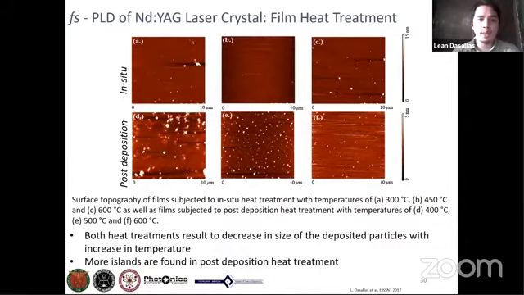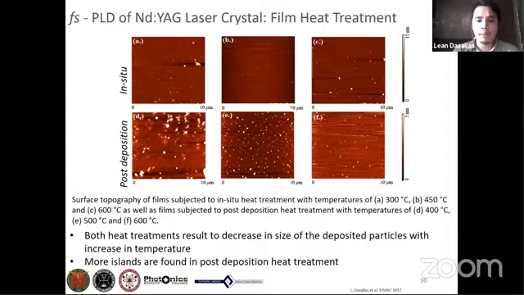The first one is the in situ heat treatment, and the other one is the post-deposition heat treatment, just to check its effect on the topography of the deposited film. We can see that both heat treatments tend to decrease the size of the deposited particles with the increase in temperature, and more islands can be found at post-deposition heat treatment.